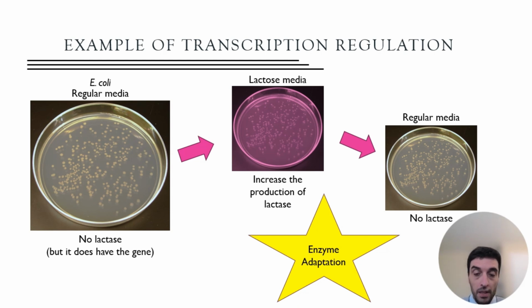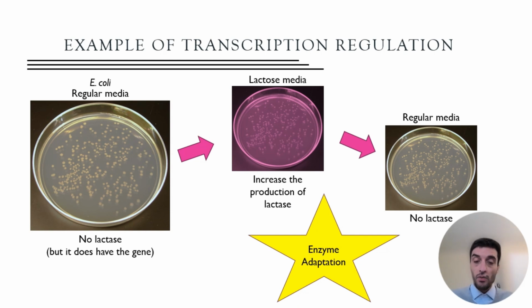Okay, but when you take this same E. coli and you put it into a media that's full of lactose, this bacteria is going to have a shift, and because it doesn't have glucose, it's going to use lactose as a source of energy, of carbohydrate.